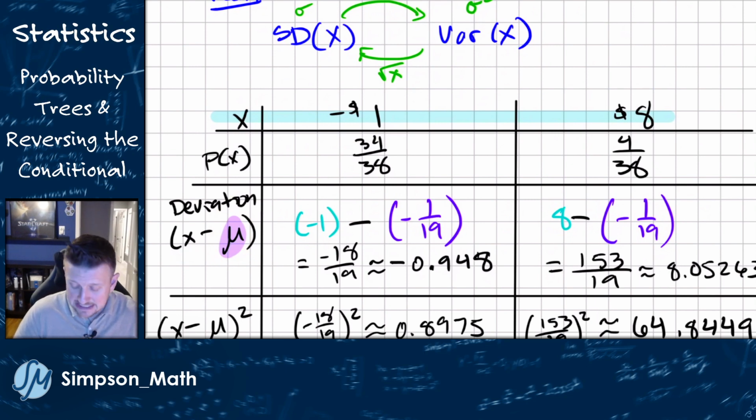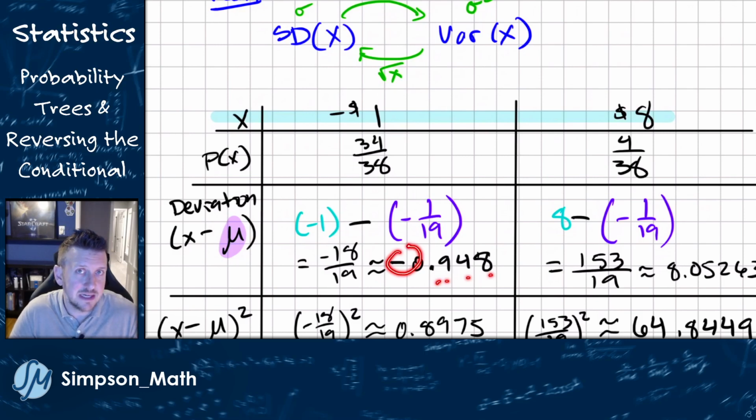Remember, deviation is distance and direction the values are away from the mean. So if I do -1 minus my mean, and it is minus a negative, so it ends up being plus this, I'm going to get a negative 18/19, which is a negative 0.948. That means I am $0.948 below the mean.